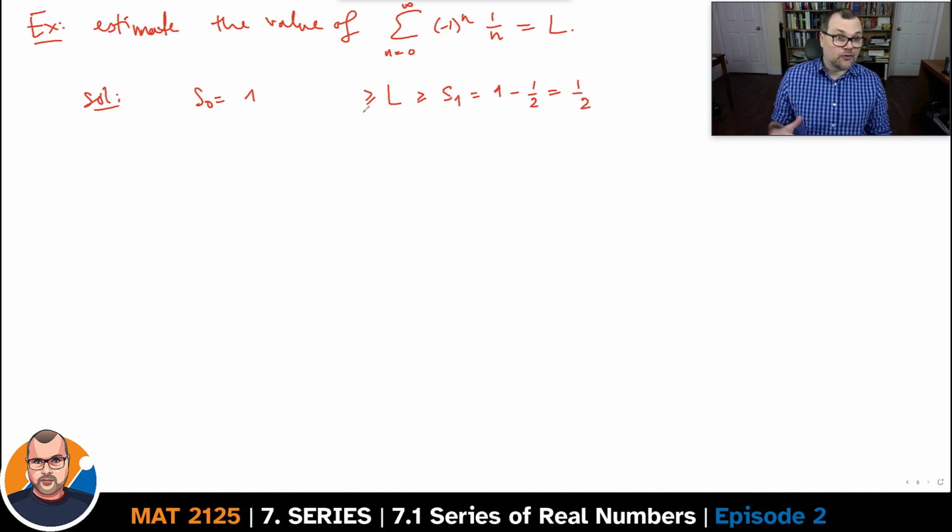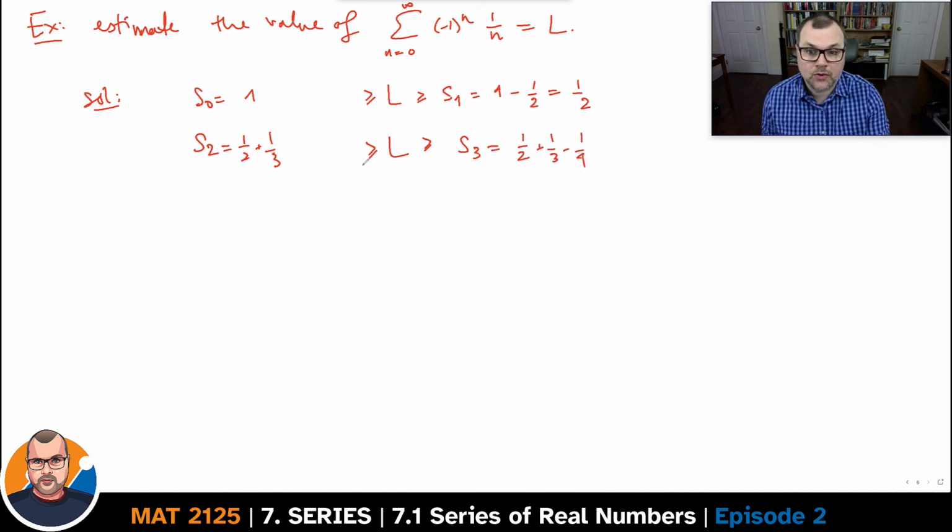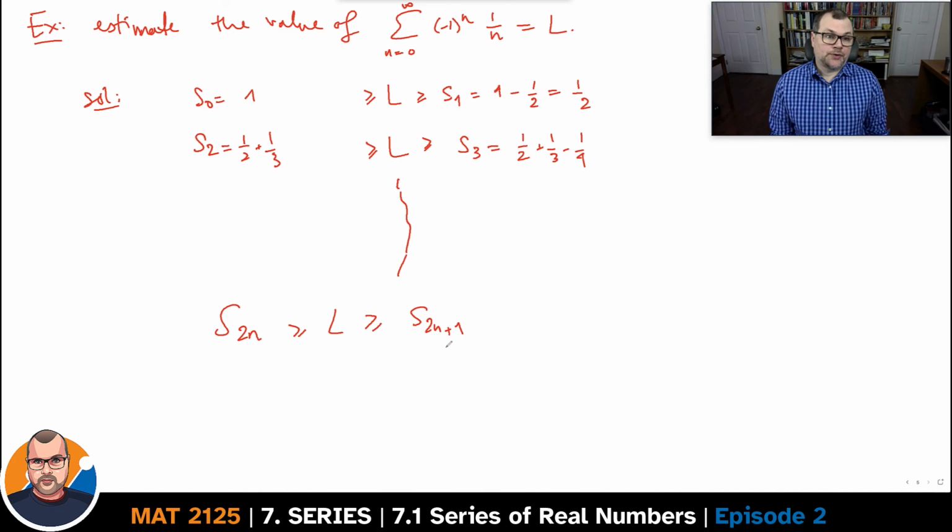We can go even further, right? It doesn't just reside between S0 and S1, it also resides between S2 and S3. So S2 would be 1 minus 1/2 plus 1/3, and then S3 would be equal to 1 minus 1/2 plus 1/3 minus 1/4. And you could get this to be as accurate of an estimate as you want by, well, just going through enough terms in the sequence.